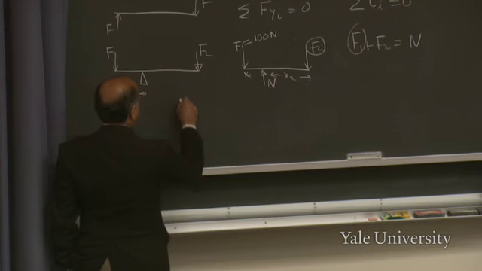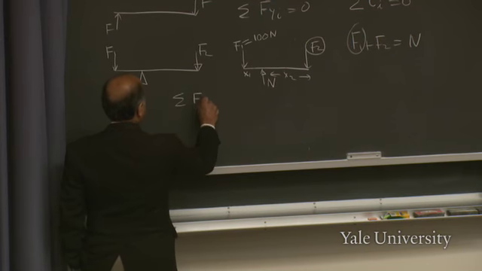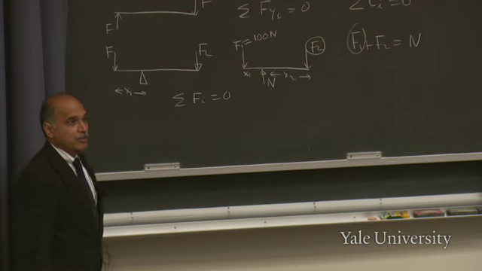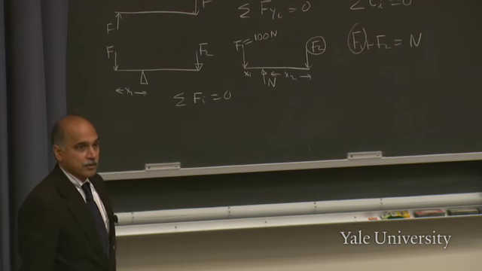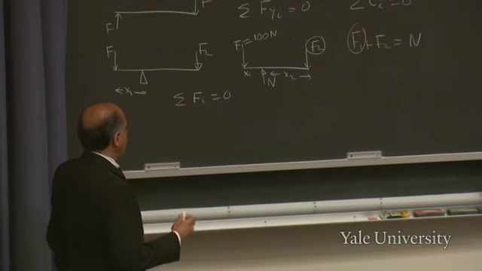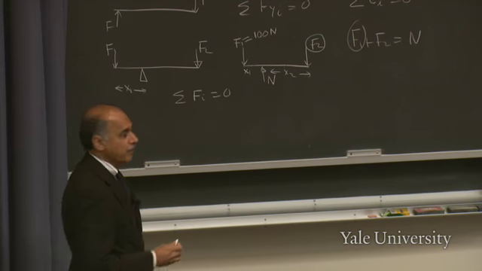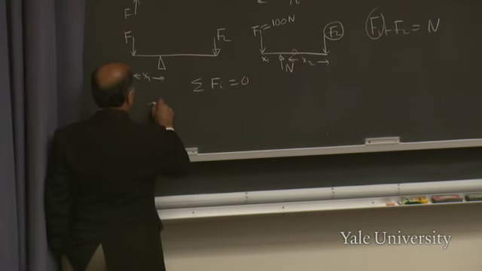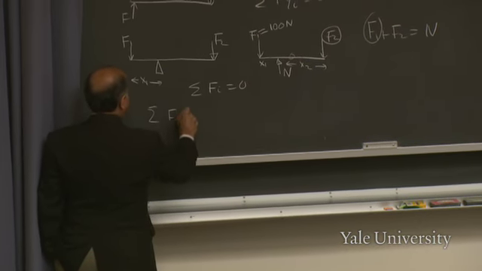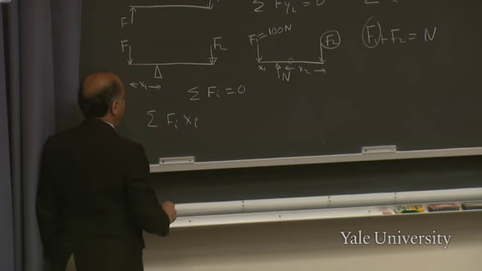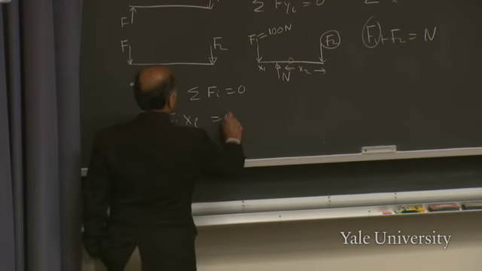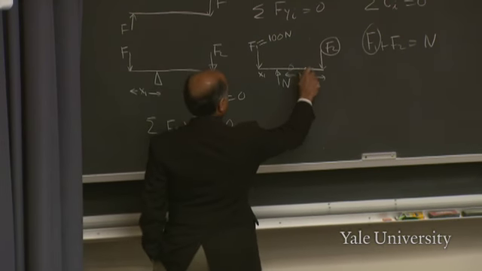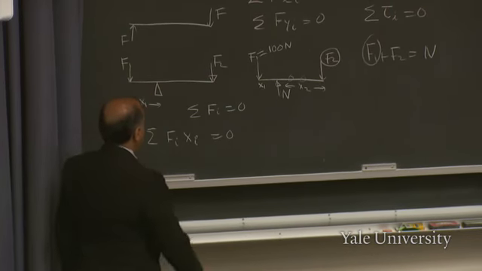I will show you first that if you have a bunch of forces that add up to 0, then it doesn't matter around which point you compute the torque. If it was 0 around one point, it will be 0 around any other point. Suppose I pick some point here, and I take each force, multiply the distance of that force from that pivot point, and they add up to 0. Now you come along and say, no, I want to take the torque around that point.